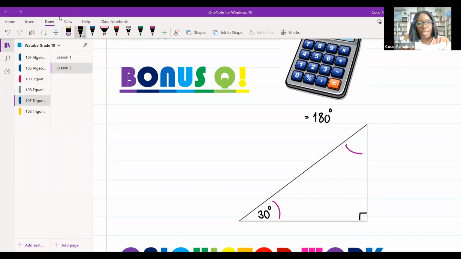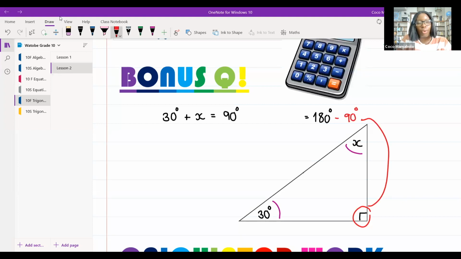So I'm going to get 30 degrees plus, we're going to call this angle X, plus angle X is equal to 90 degrees. I don't have to consider this one because I already know that it's 90 degrees. I've already minused this 90 degrees from 180.